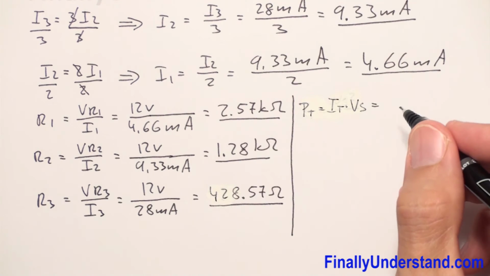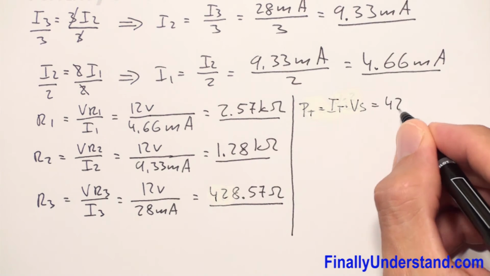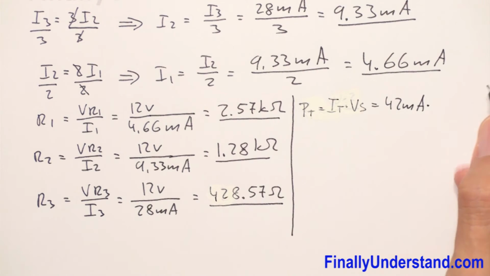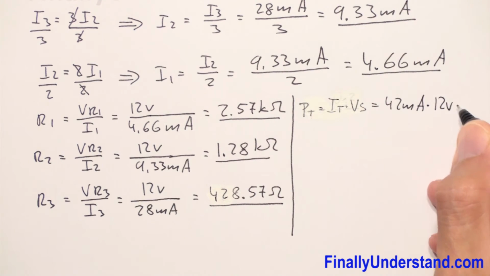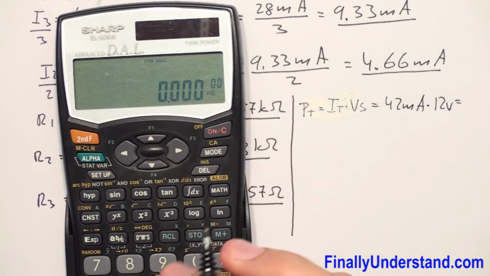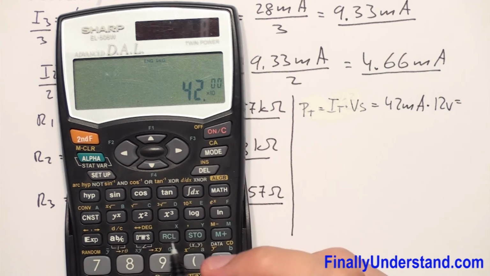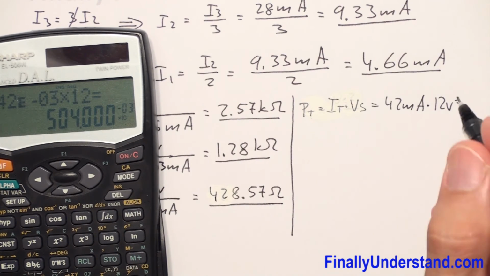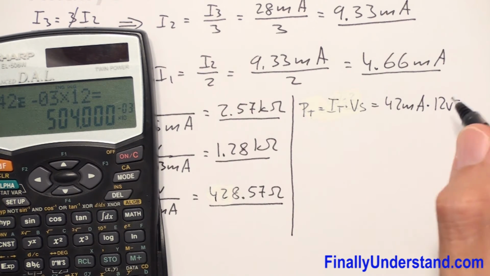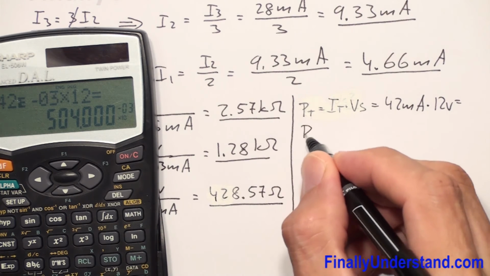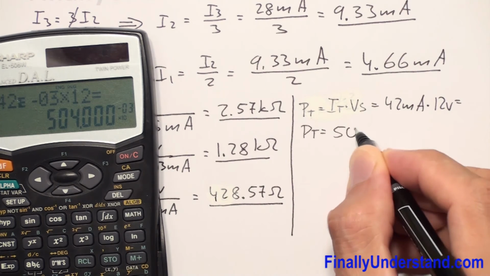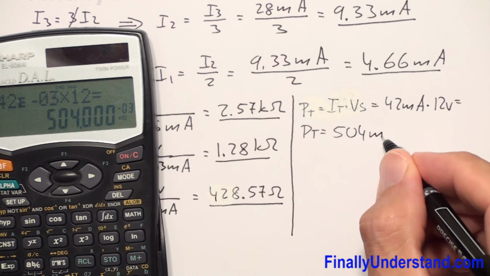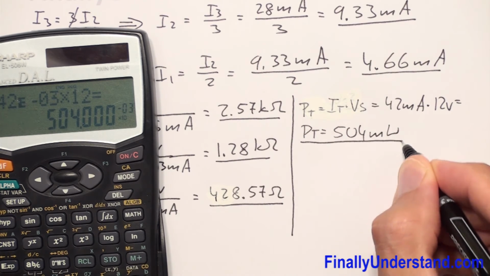I total is equal to 42 milliamps times voltage source 12 volts, and this is equal to 42 times 10 to the negative 3 times 12 equals 504 milliwatts. This is my total power.